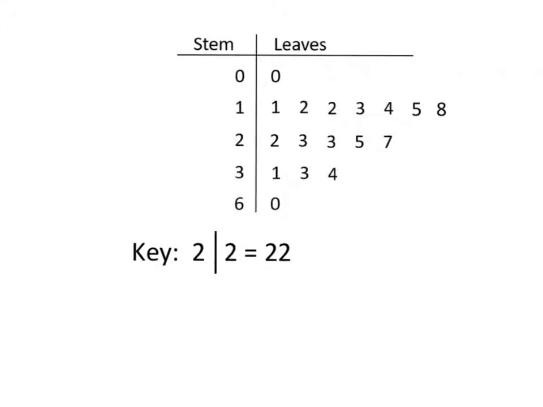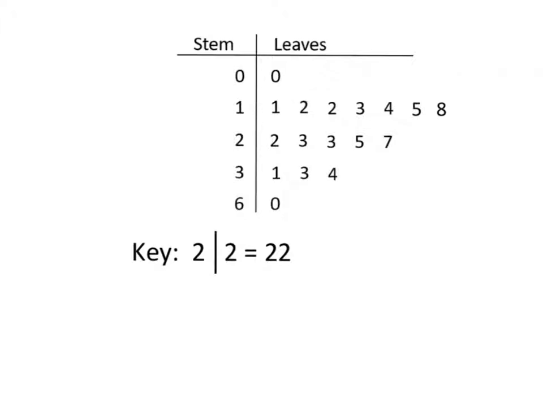Using this example, the stem and leaf plot on the screen, where the key says 2 | 2 equals 22, I'm reminded, read the stems as the tens and the leaves as the ones.